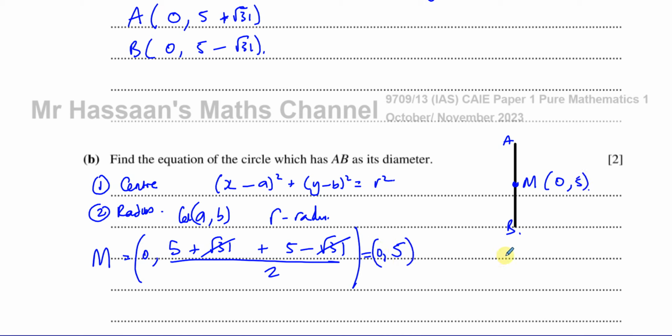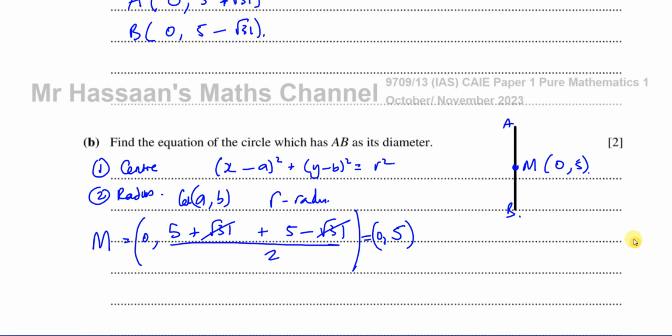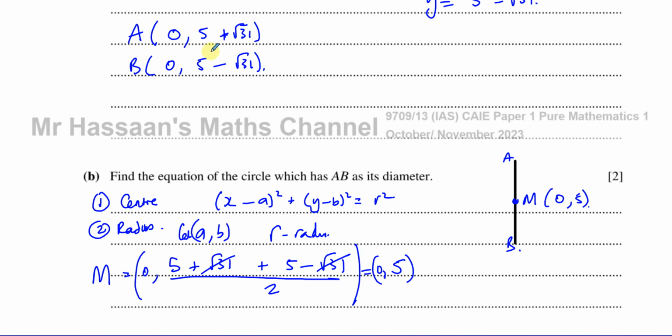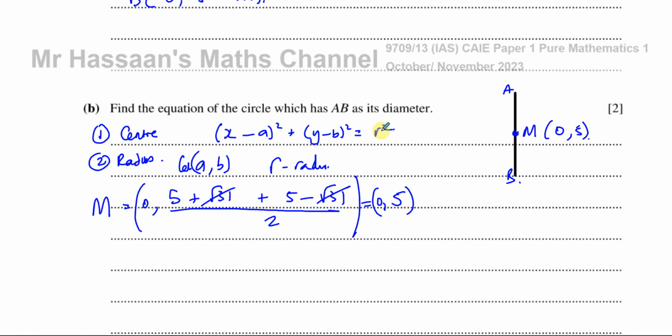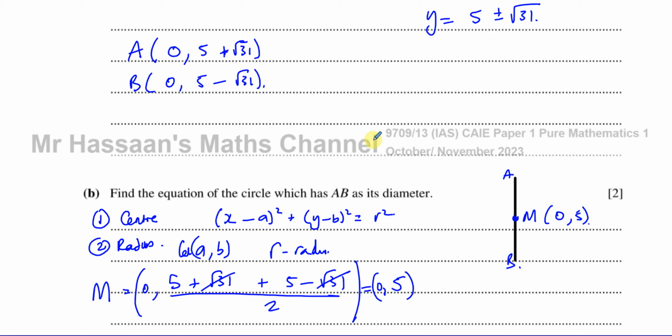Now we need to find the radius. The radius is basically half the diameter. If I find the diameter of the circle, I can find it by just subtracting these two lengths, because we can see that it's just a vertical line. So if I subtract the y-coordinates, I'm going to get the length of AB. This has got 5 plus root 31, and this is 5 minus root 31.